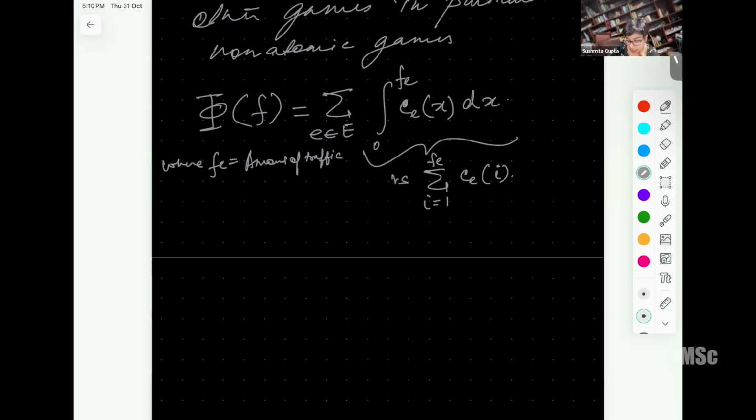This is versus this thing in atomic selfish routing networks, where F is the number of players choosing paths containing E.